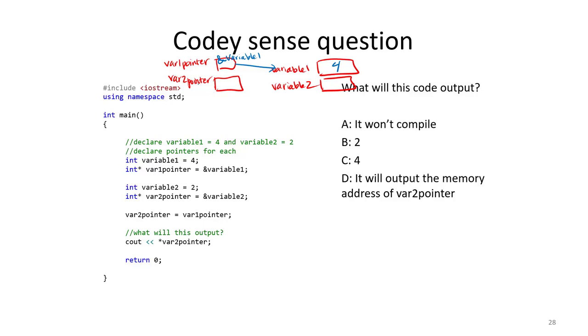Similarly, I take my variable 2 and assign it the value 2, and I initialize variable 2 pointer to point at the memory address of variable 2. But then this happens.